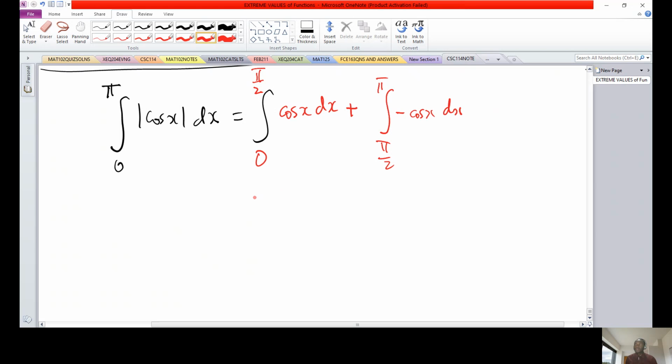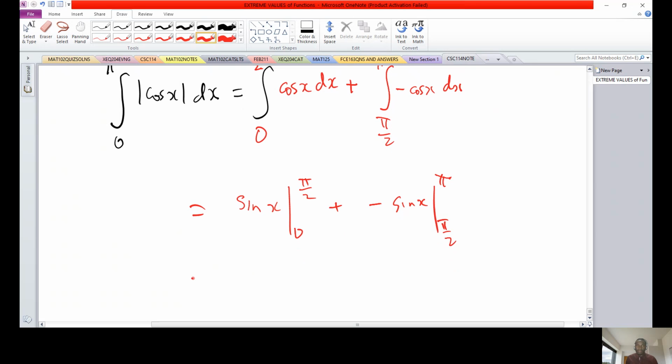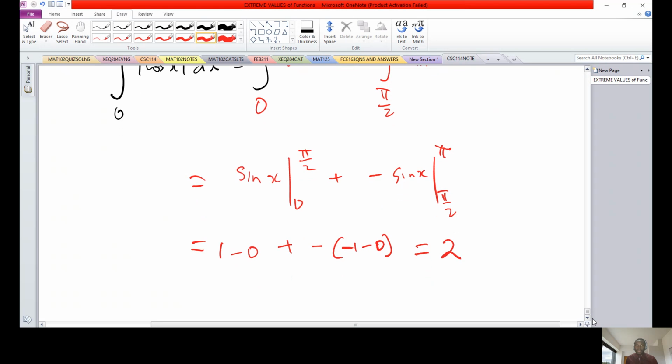Just use the same analysis. So this will give us sin x from 0 to pi/2 plus minus sin x from pi/2 to pi. So when you work out, this will be 1 minus 0 plus minus (0 minus 1). So this will give you 2. So the answer becomes 2.